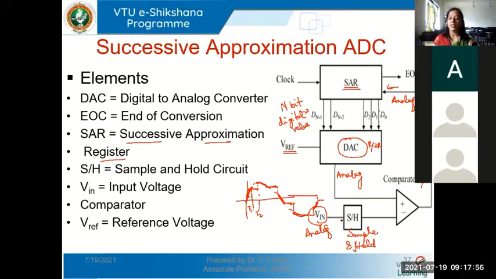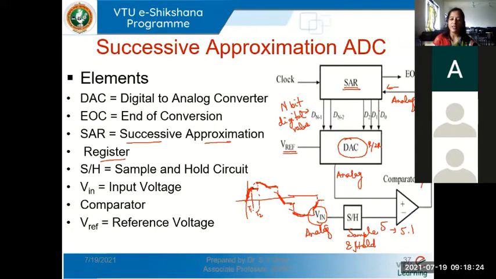It had initially been given an analog voltage of 5 volts, and that was approximated to a digital value, converted again to analog, compared, and so on. But by the time it is comparing, this analog value has changed from 5 to 5.1 or 5.2, then the approximate digital value will again go on changing. So we don't want that to happen.